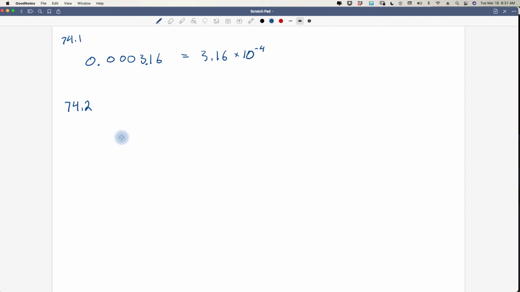74.2. Now we're going to take this number, which is already written in scientific notation, and we need to write it more succinctly.